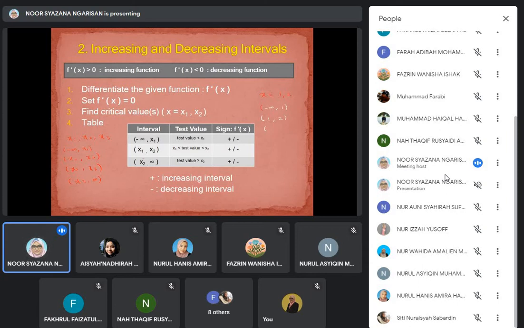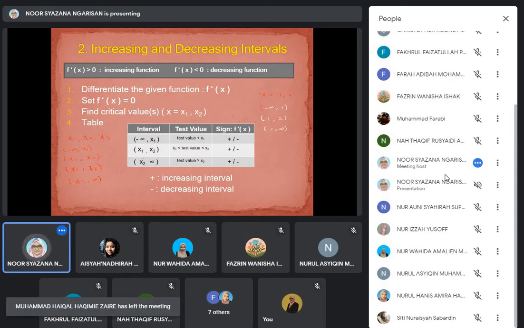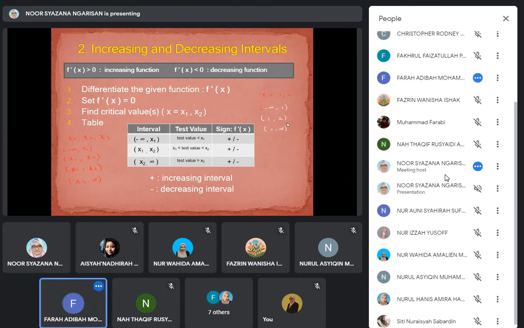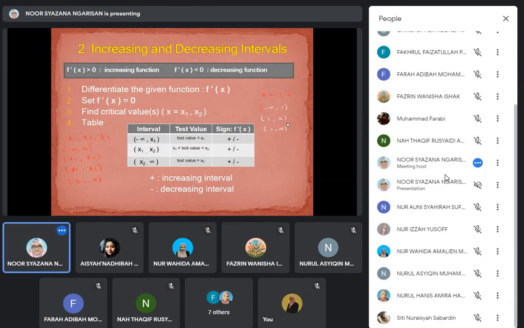Nur Wahida Emmeline, give me the third interval. 2 to positive infinity. Correct. And then I would like to ask Muhammad Haikal, do we have more interval? Do we have the fourth interval? Is Muhammad Haikal here?